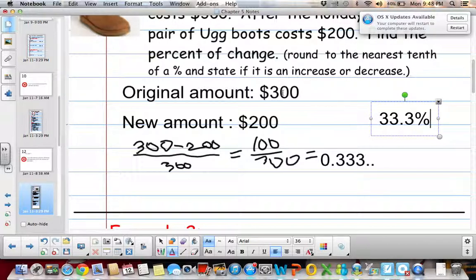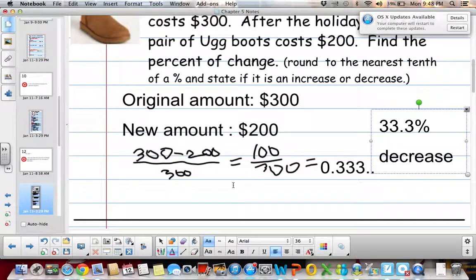So are we increasing the amount from the original to new, or are we decreasing? Are we going up or down? We can see the original is 300, the new is 200, so we're going down. That means it is a decrease. So it changed by 33.3% and it decreased.